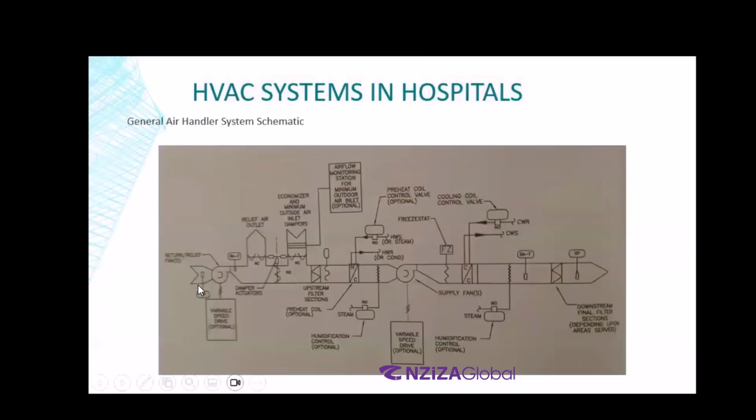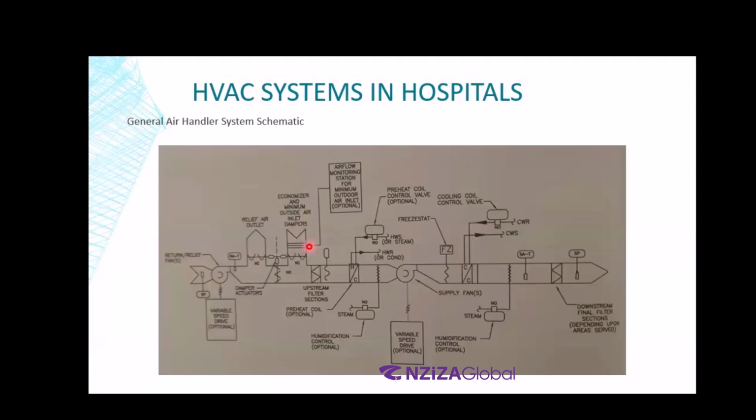Okay, so this was one of the schematics that we saw on the first day. Remember this? Over here, we have different components that we were discussing, right? We had the return air component over here, the return air fan, then we have the relief. This is where our outdoor air is coming from, right?